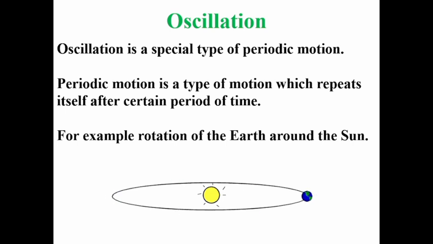The earth rotates in anti-clockwise direction around the sun, as you can see. If you consider the starting point of the earth is at this point, then after 365 days the earth comes at this point, and then it repeats its motion again and again after 365 days.